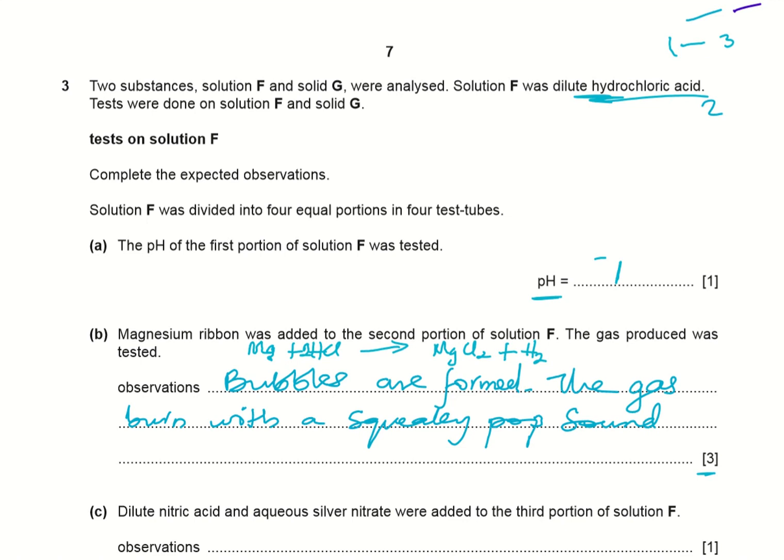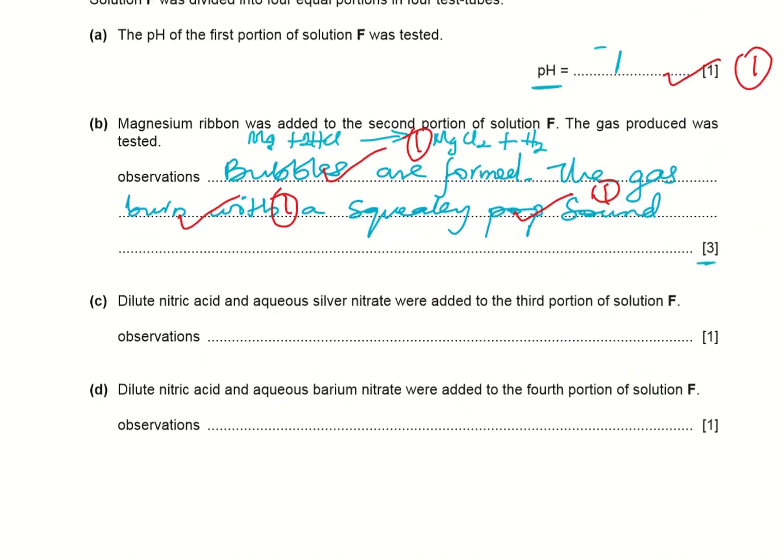So that will earn you your 3 marks. Your pH, that's a mark, and the fact that you have bubbles will get a mark. And the presence of a flame, indicating burning, and the pop sound, you get 1 mark. Okay, so let's move on to the next question.